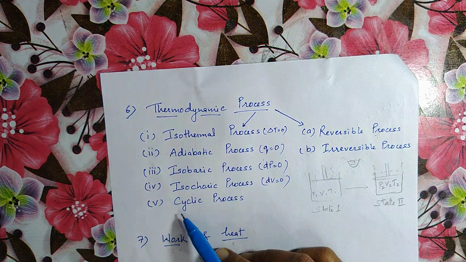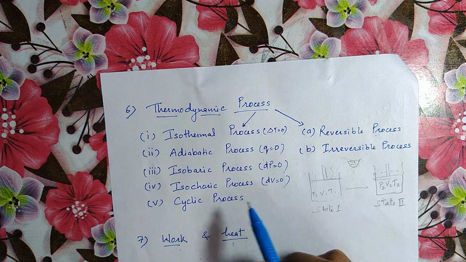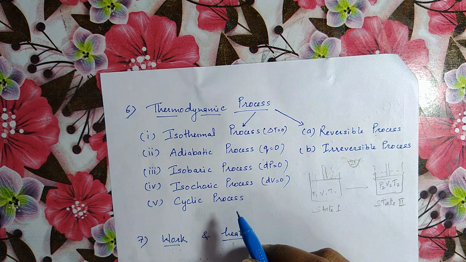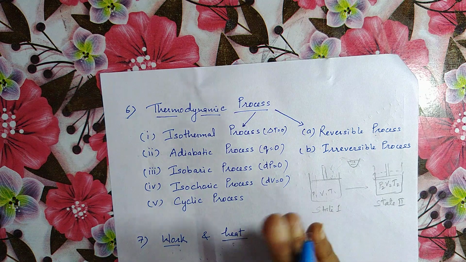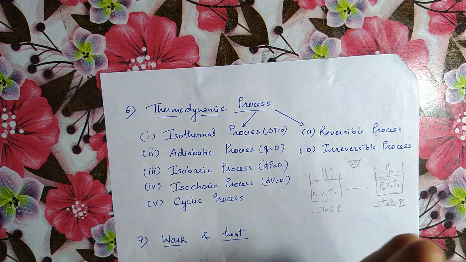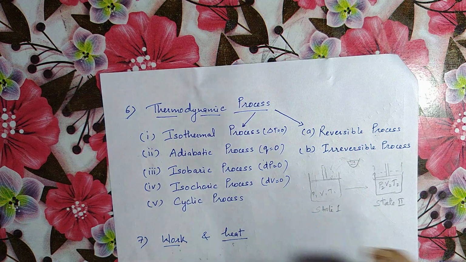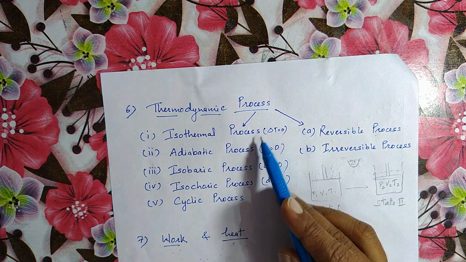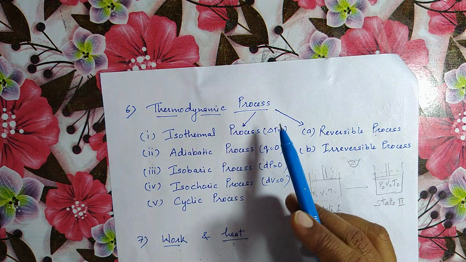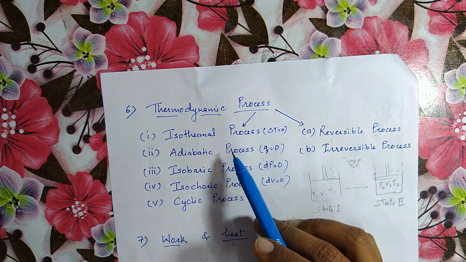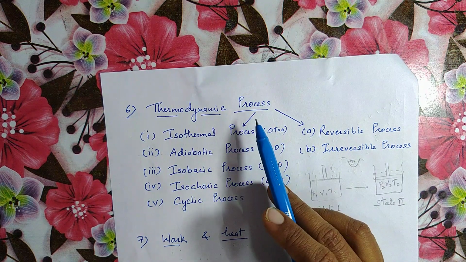Okay, and then cyclic process. These are the processes in which after completing a series of changes, the system returns back to the original state. Okay, these are called cyclic process. These 5 processes depend upon the condition maintained during the process.